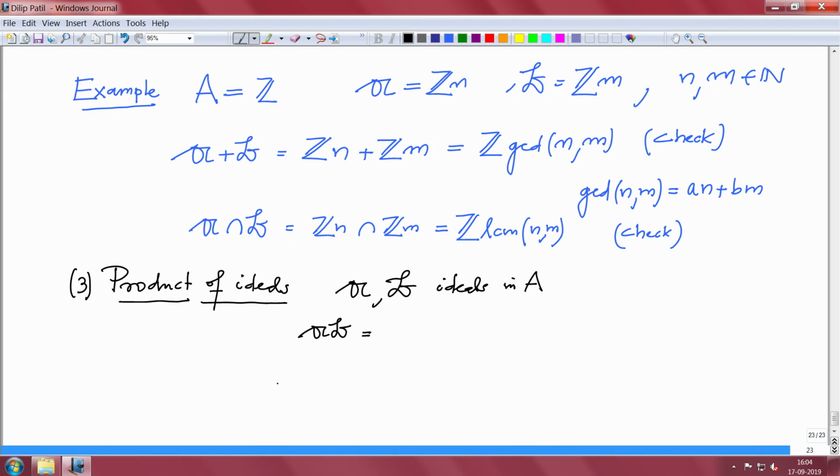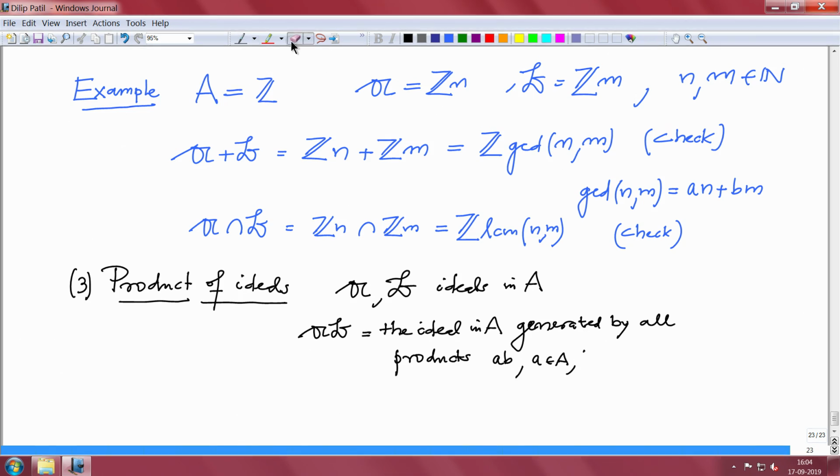So the right way to say is, take the ideal in A generated by all products ab, where a is in 𝔞 and b is in 𝔟. So, take the ideal generated by that.